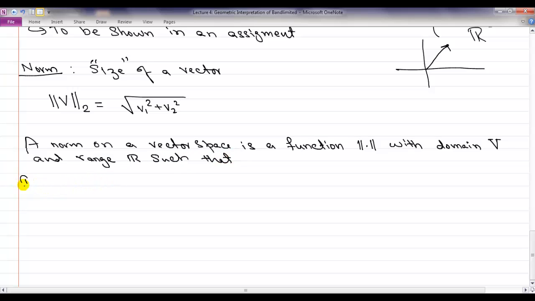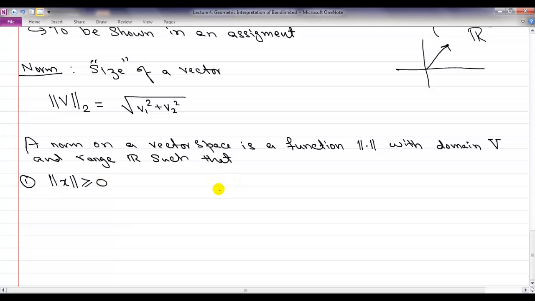Number one is the positivity of the length. The norm of any vector has to be greater than or equal to 0. It doesn't make sense to talk about length in negative terms. And the second thing is that the only vector whose length should be 0 is the 0 vector. It doesn't make sense for a vector which is not the origin to have 0 length.